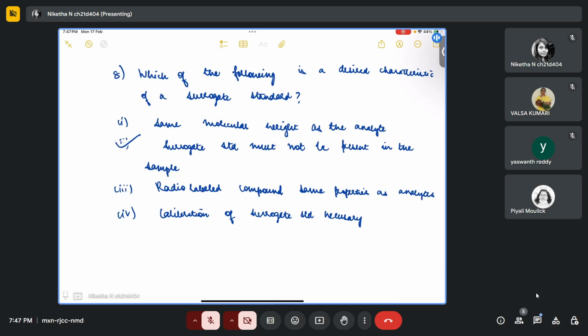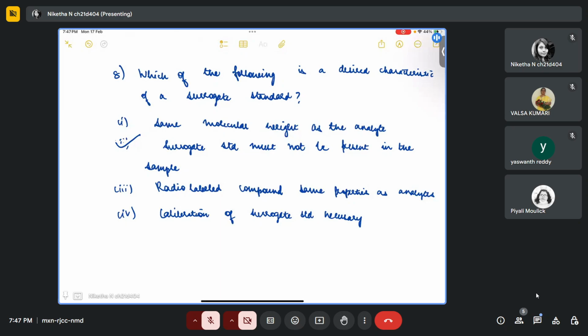Also looking at the other options, same molecular weight as the analyte, is it necessary? No need. It's not required. It need not have the same molecular weight. If it is the same molecular weight, then it will be indistinguishable, which is again a problem.